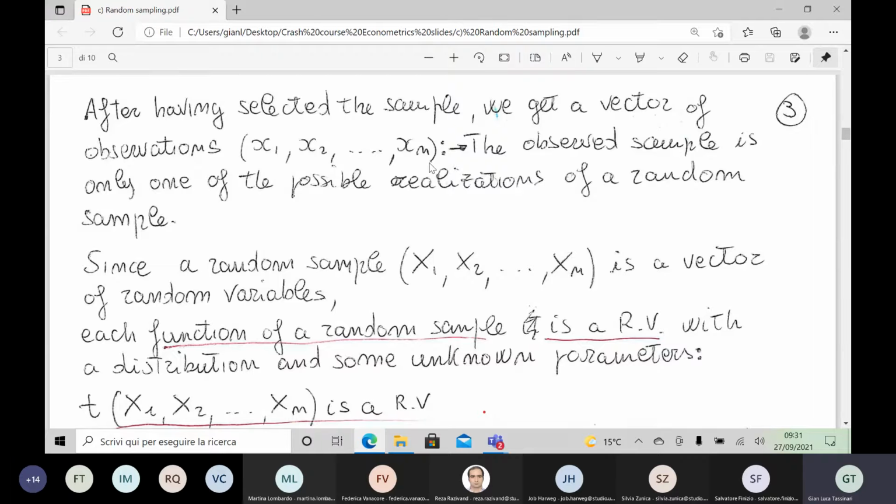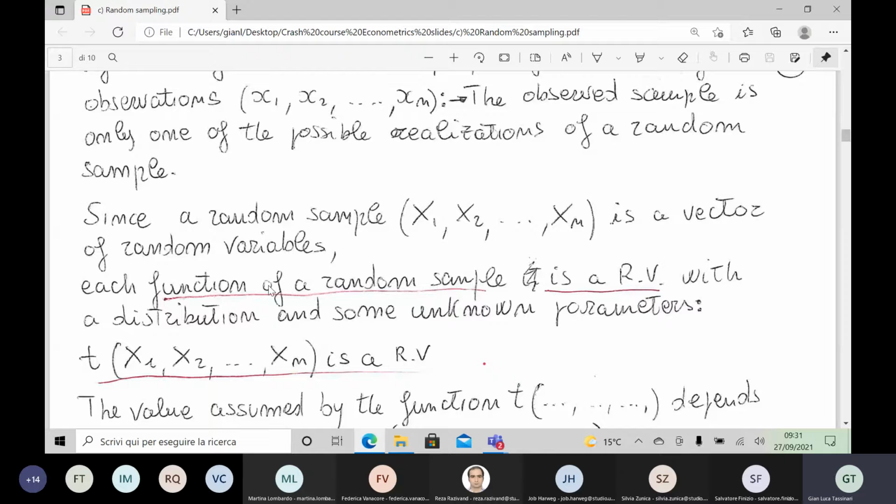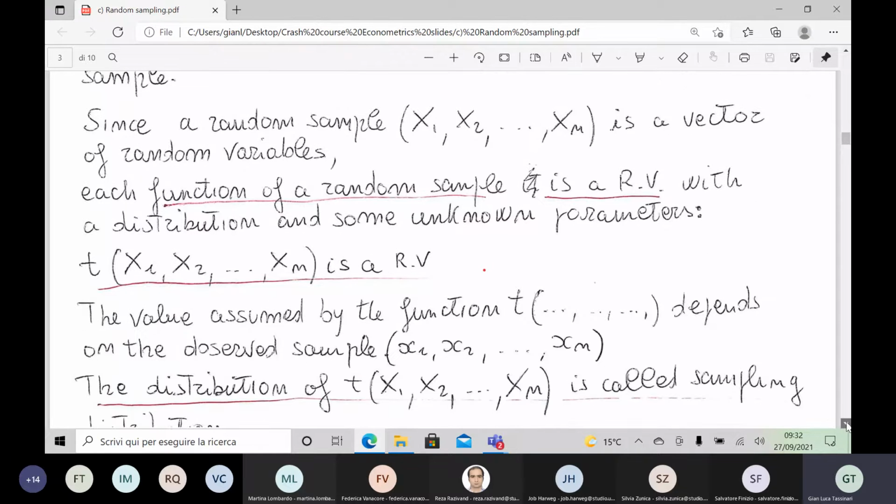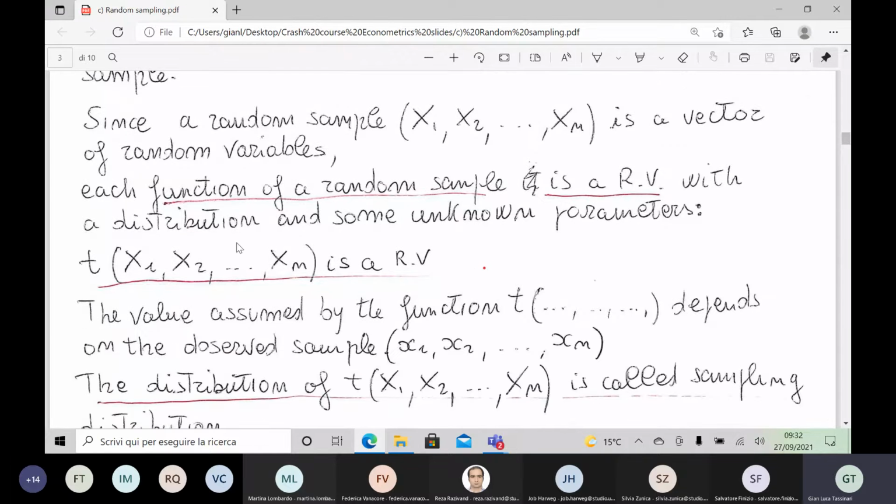Okay, so since, I repeat, a random sample is a vector of random variables, each function of a random sample is a random variable itself, and therefore it will have its distribution. So, for example, if you denote as T, this means, guys, remember we studied functions together.